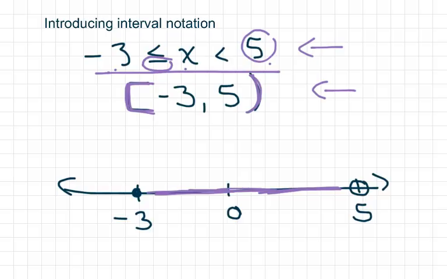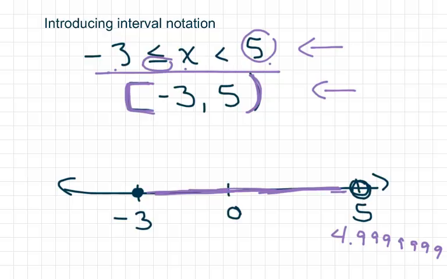That means we can get to, for example on the graph here, 4.9999999, but it will never get to 5. So very close to 5 without getting to it, but it can equal -3. So what we do is we close the circle on -3, and we have an open circle on 5.